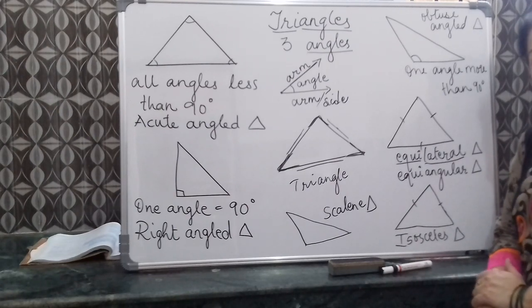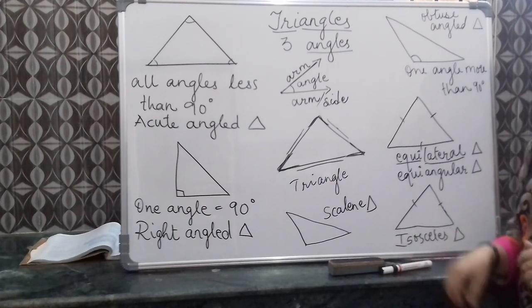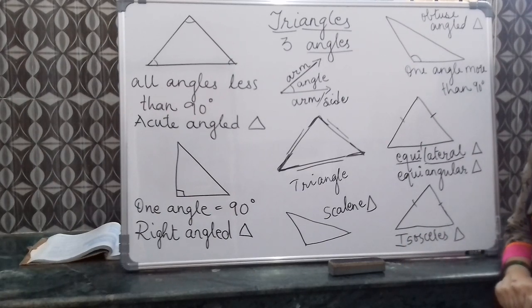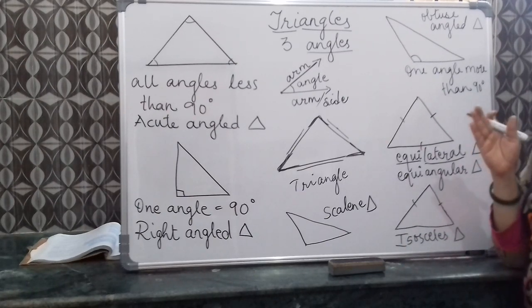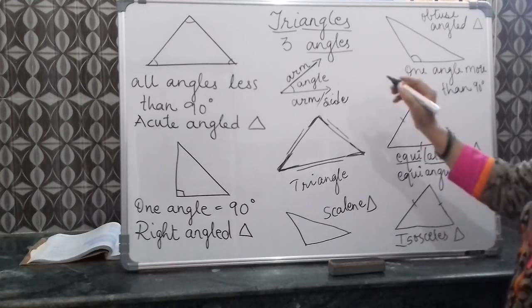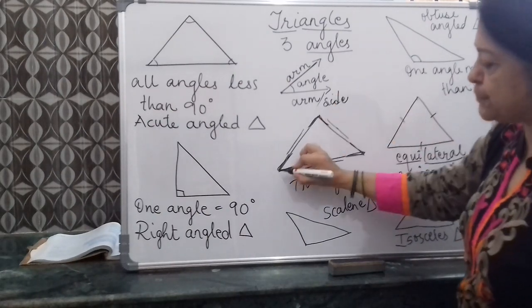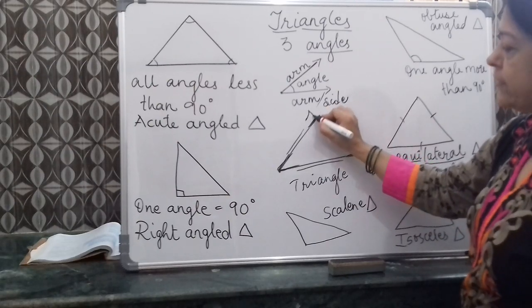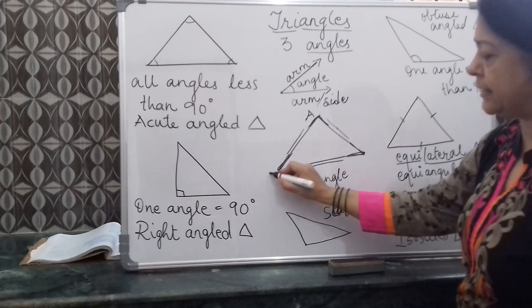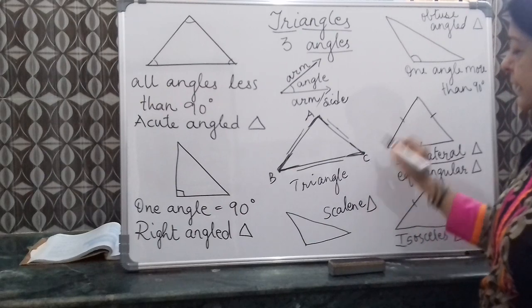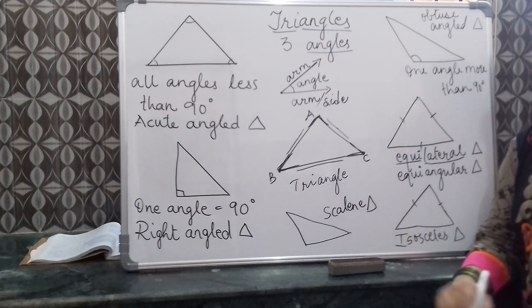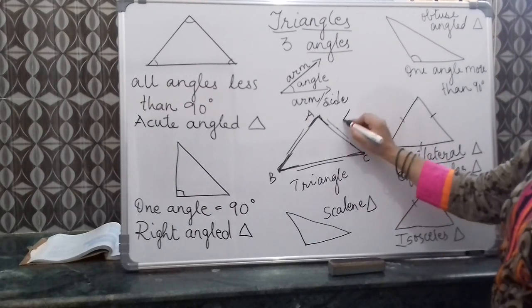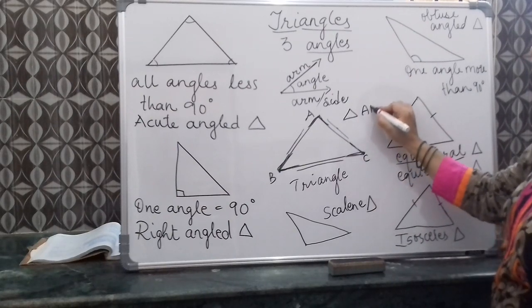But there are some basic parts in a triangle still to be known. Whenever you name a triangle, it is at the vertex points that you have to give the name. It is always given with a capital letter, so it's capital A, capital B, capital C. You will call it triangle ABC.